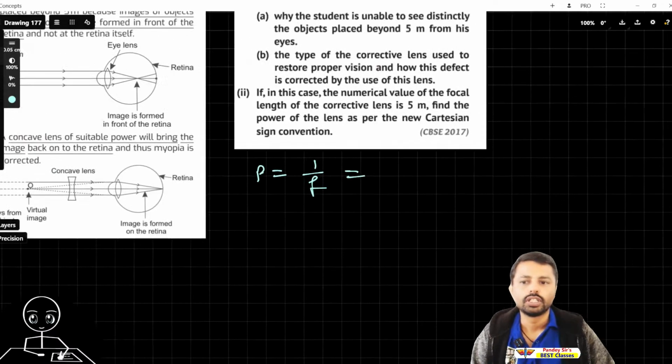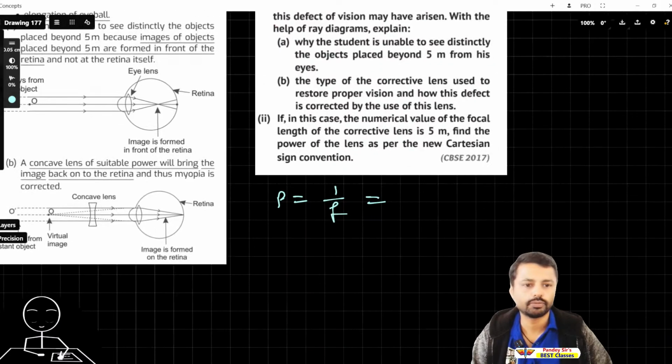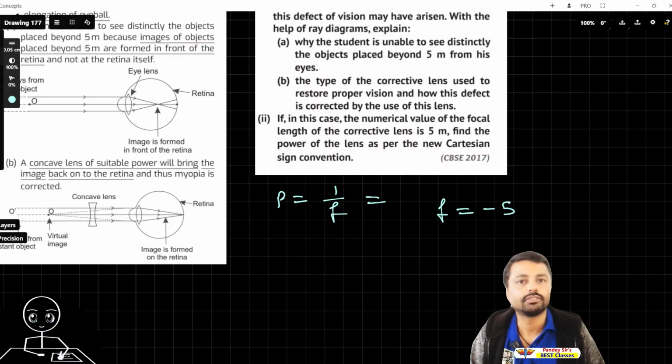Now the student has myopia, so the lens is concave. So f will be minus 5. You need to keep that in mind always. So P equal to 1 by minus 5.